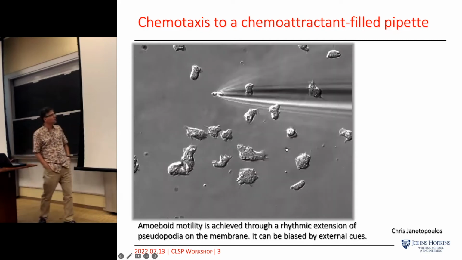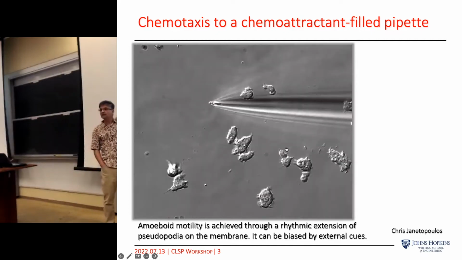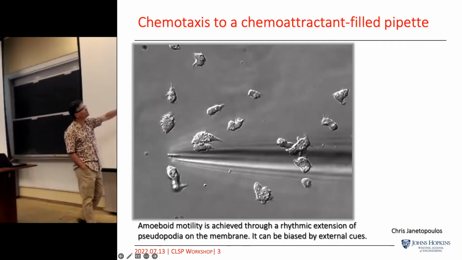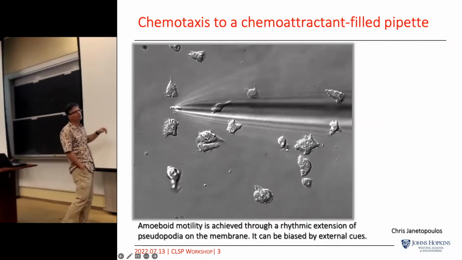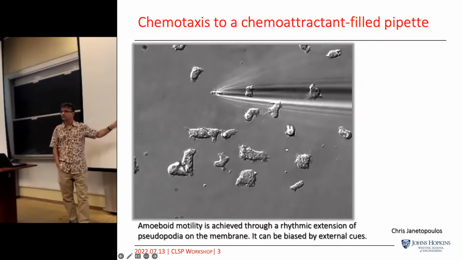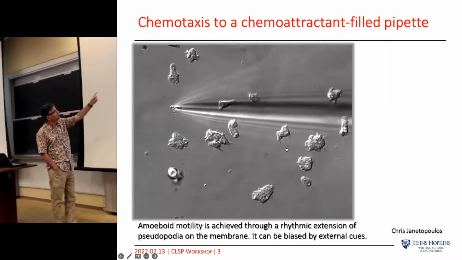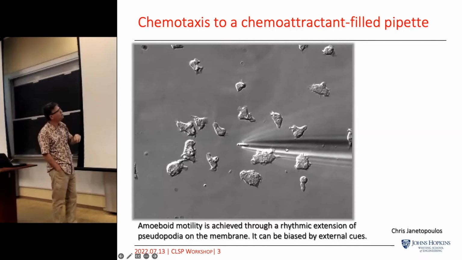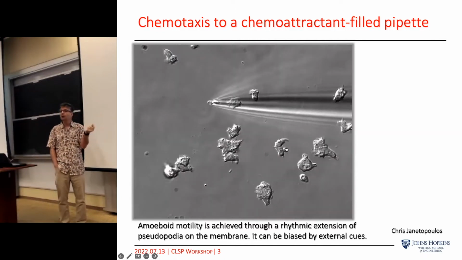Just to give you a sense of scale, how big are these cells? Well, they're about 10 microns across. This movie is very much sped up. A cell like this moves about a body length a minute, so what you're seeing is several minutes' worth. The thing that you see move around is a micropipette, and it has a particular chemical.